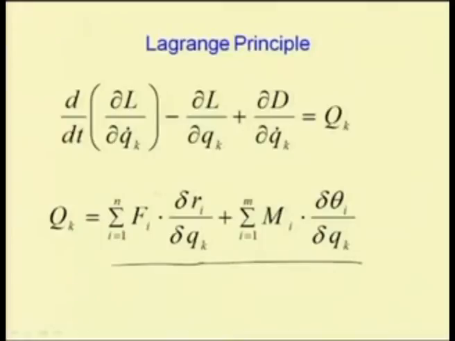If n number of external forces are acting on the system, then the work done due to that can be found as Fi dot del Ri, but this generalized force can be found by summing I equal to 1 to n of Fi dot del Ri by del Qk, plus if some moment is acting on the system, this moment term can also be added to find the generalized force acting on the system.